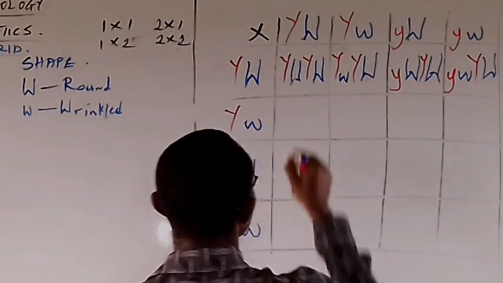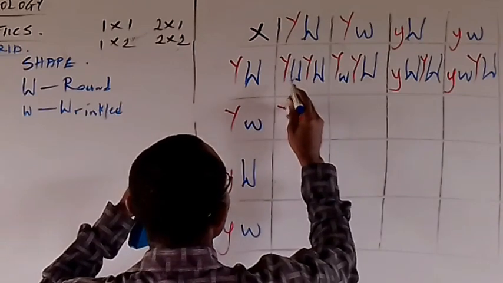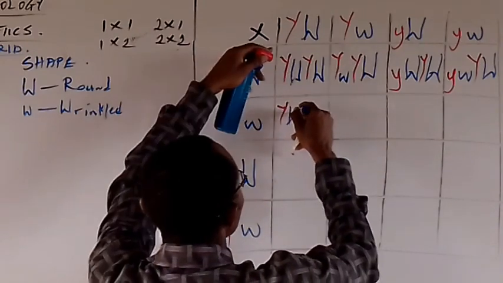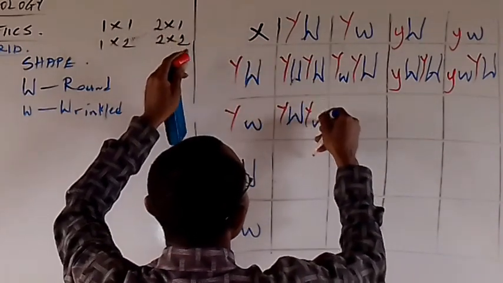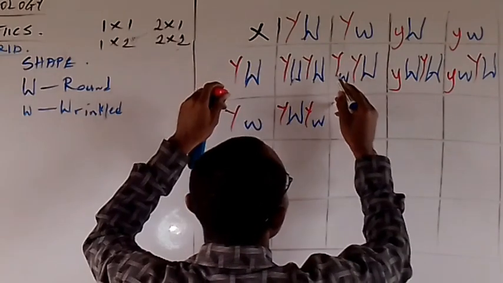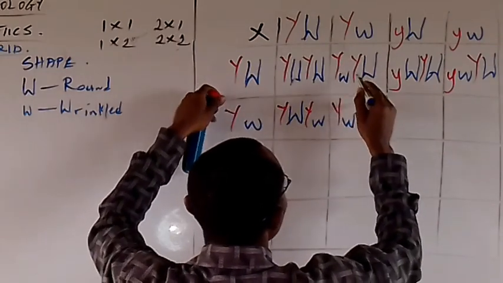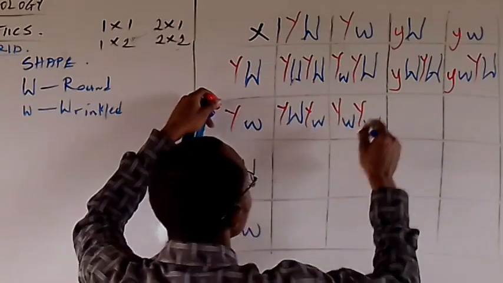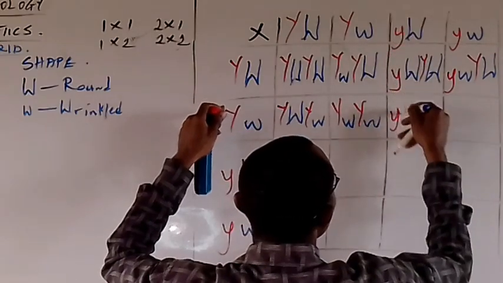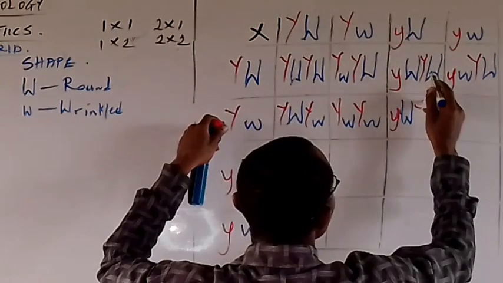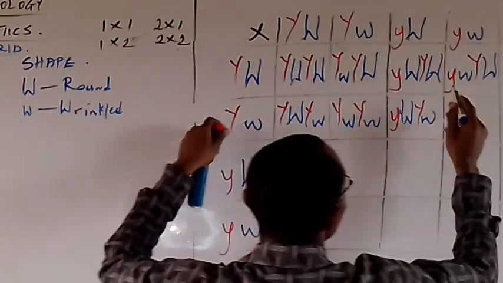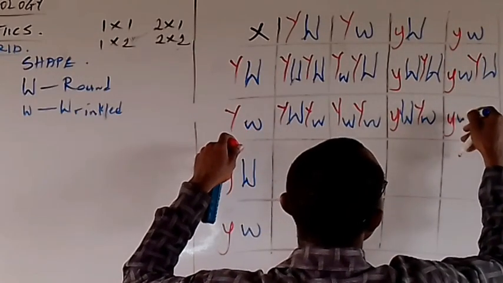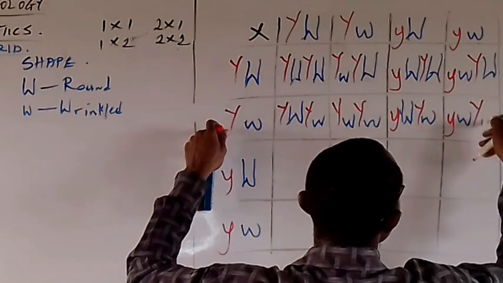So let's write. We have capital Y, capital W, and then capital Y, small w. For the next one, we have capital Y, small w, capital Y, small w. For this one here, we have small y, capital W, and then capital Y, small w. For this, we have small y, small w, and here we have capital Y, small w.